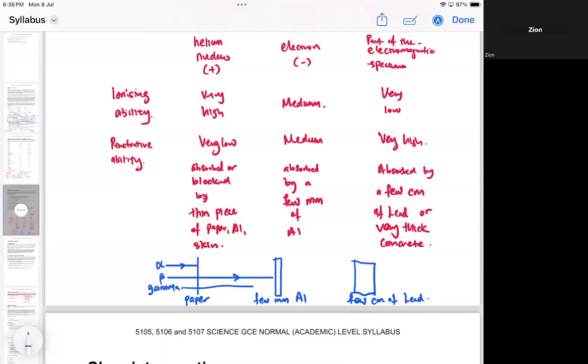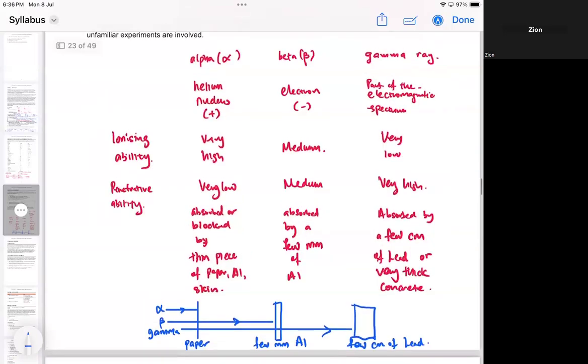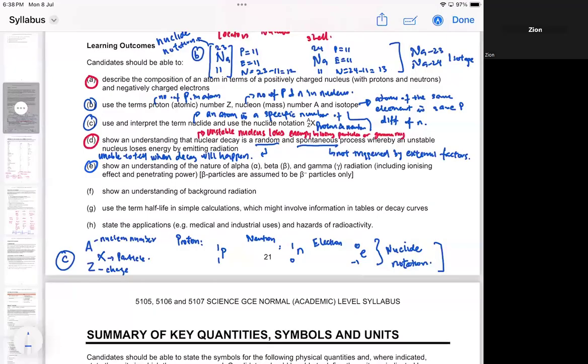Make sense? I'll leave this here first. You take a look at all the nature, which is specifically mentioned in the syllabus, and ionizing and penetrative ability are also mentioned in the syllabus. So look through this table and familiarize yourself with it. Once you're ready, I'll continue.